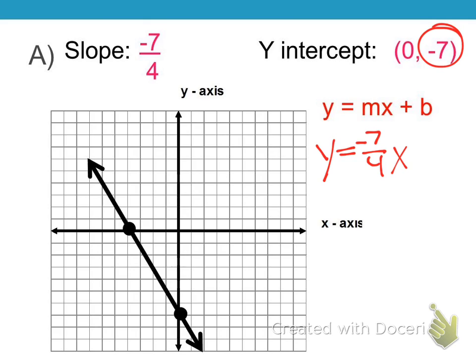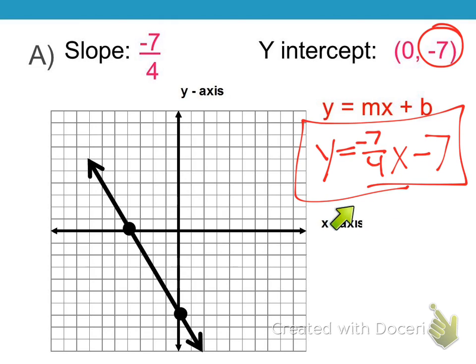This guy. So minus 7. This is our equation. And you can always go back and double check. Count down to 7 and then do rise over run. And if you're not on this line, you've done it wrong. So you can double check these pretty quickly. What are your questions?